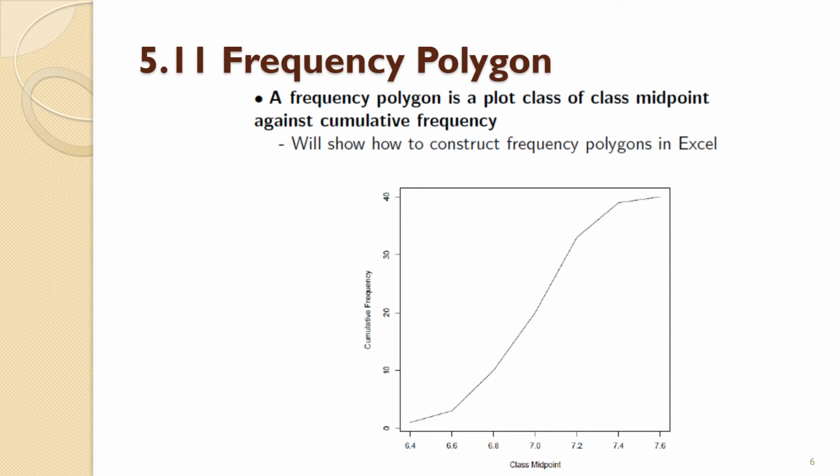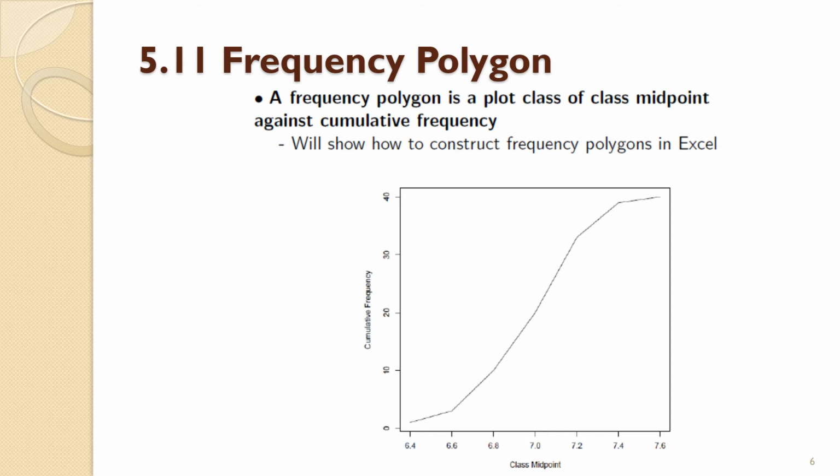The point of this sort of frequency polygon is it just gives you a flavour of the shape. If this frequency polygon is not a straight line, then there is some interesting facet in the data.